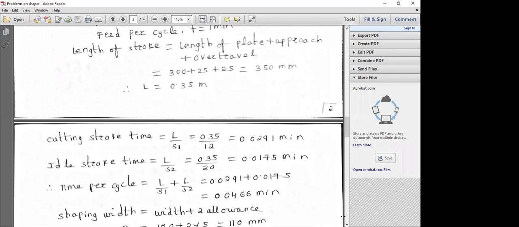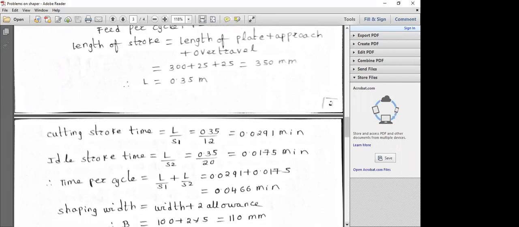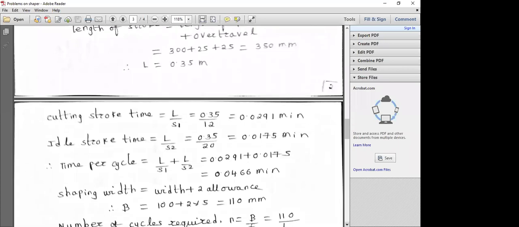So time per cycle is equal to L by S1 plus L by S2. You sum up both these values and you'll get this value. So just try to be conscious. Don't be stingy in using the calculator. I've seen so many people who don't know how to use the calculator, even while calculating angles. In the lab, when we ask them, they have many maths doubts.